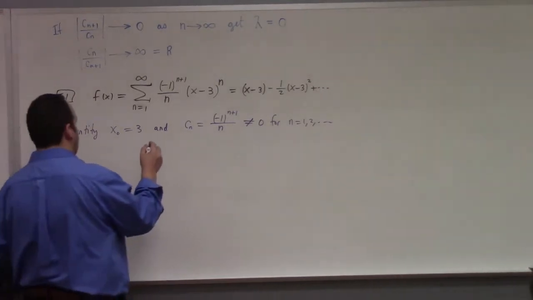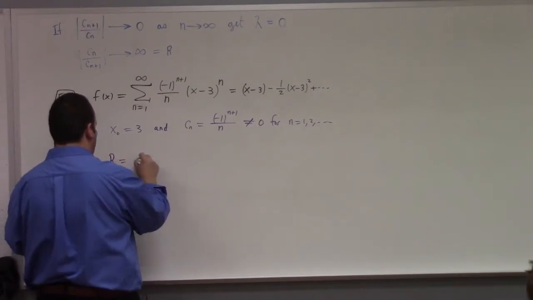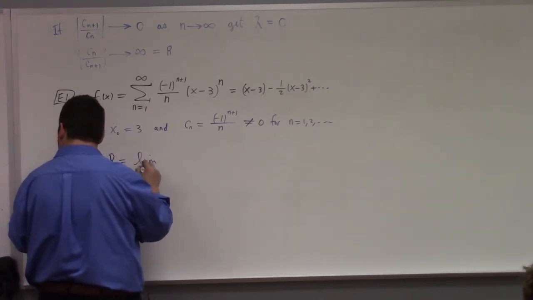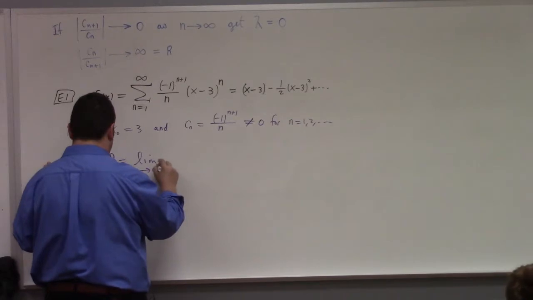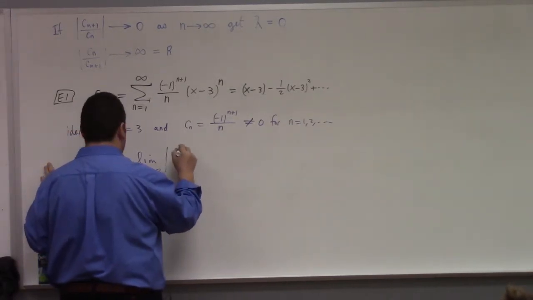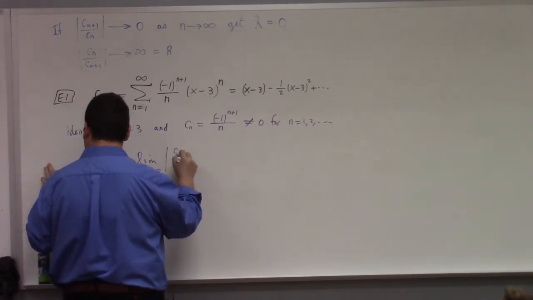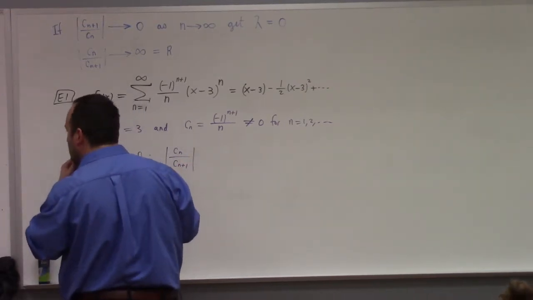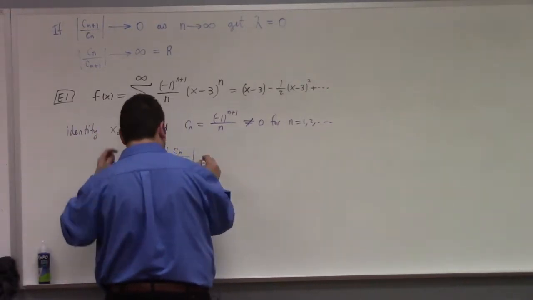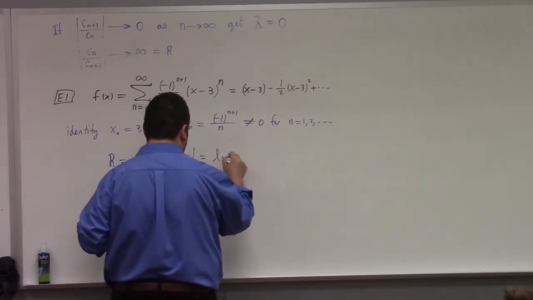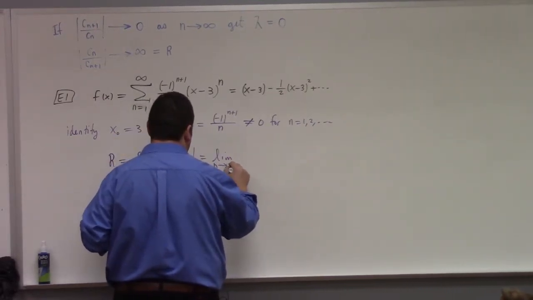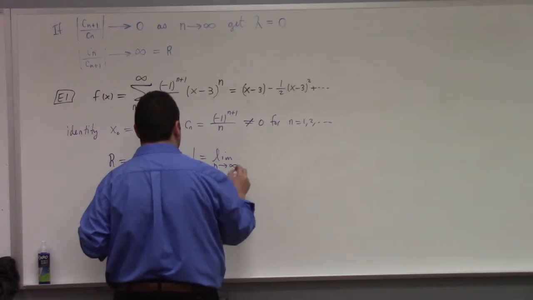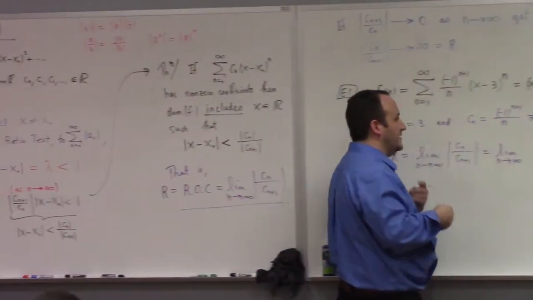So here, what's the radius of convergence? The limit as n goes to infinity of the absolute value of Cn over Cn plus 1. What's that give us here? So first of all, what happens to the minus 1 to the n plus 1?